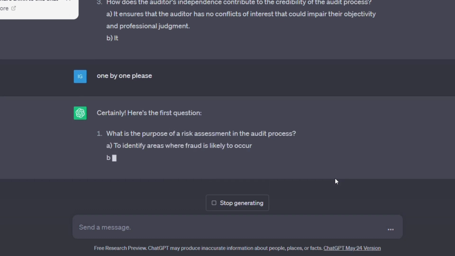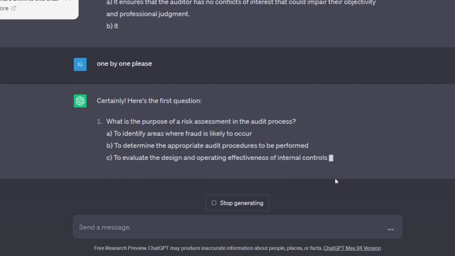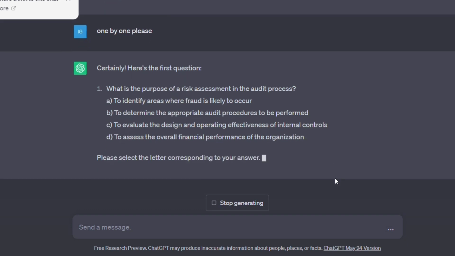To identify areas where fraud is likely to occur, to determine the appropriate audit procedures to be performed, to evaluate the design and the operating effectiveness of internal control. No, this is not it. Because when we talk about financial statement audit, to assess the overall financial performance, no, not yet.